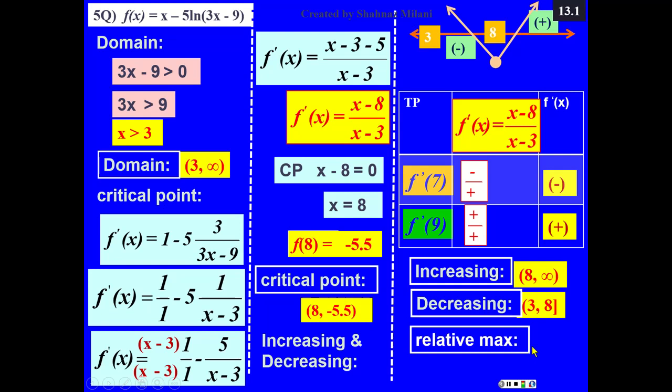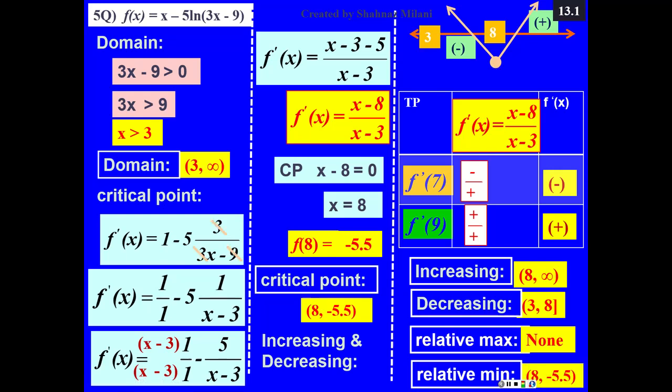That means the relative max is going to be none. Then, relative min. Relative min means decreasing to increasing, which I have right here. Remember, when x is 8, my y was minus 5.5, and that is the conclusion.